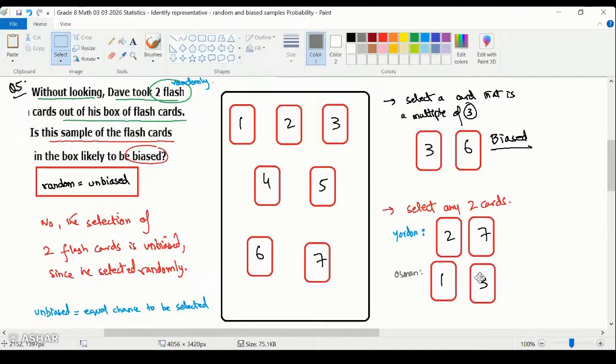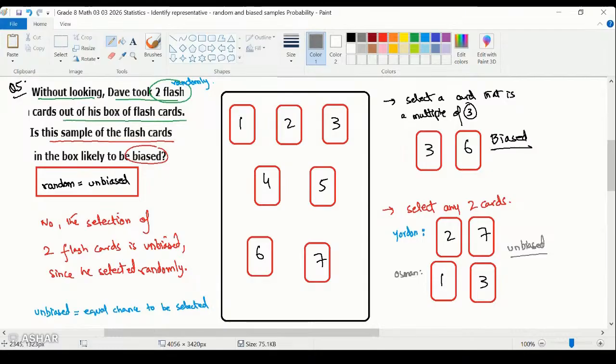Then I, as a teacher, could not affect your selections, right? There's nothing affecting your choice. That means this is unbiased because you chose randomly from the given cards, right?